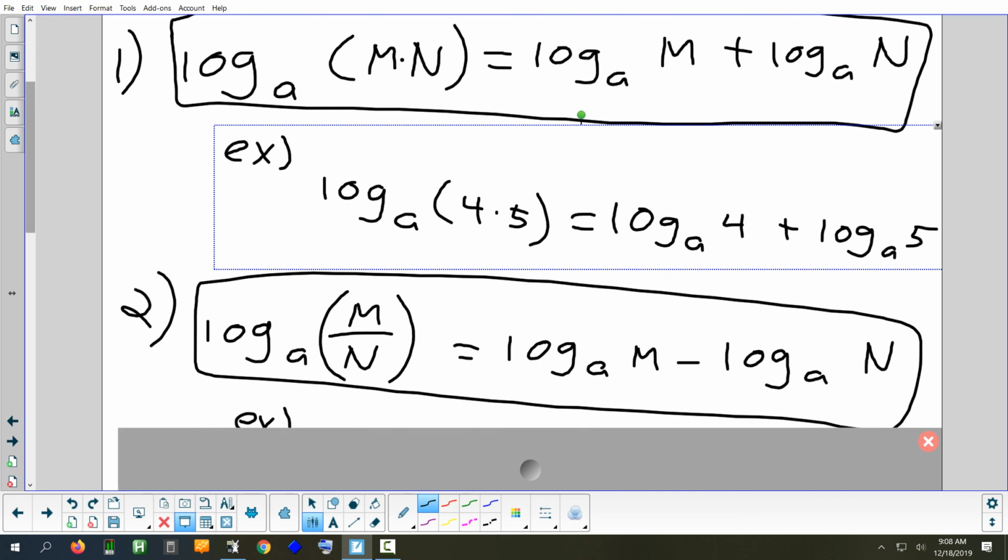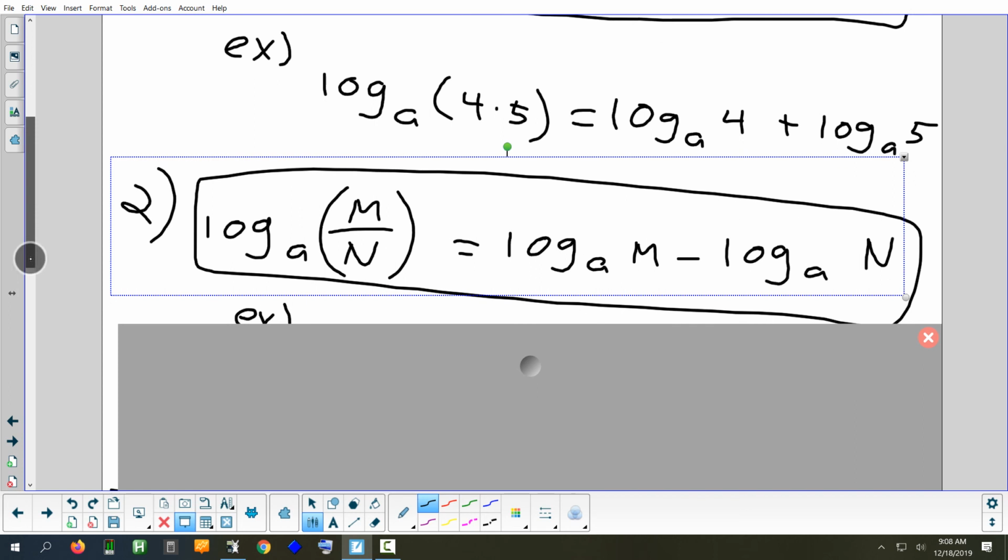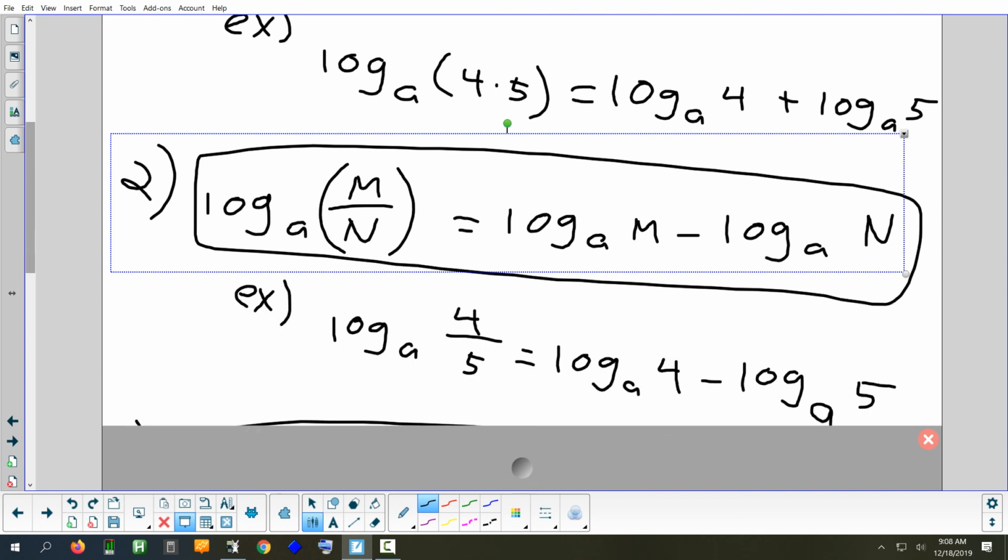Adding, it's not important, but subtraction it is. It's log of the top minus log of the bottom. Base stays exactly the same all the way through the problem. And I'm not going to type this one in, but if you wanted to check it with numbers, that's an example. And the log of 4/5 equals log 4 minus log 5.